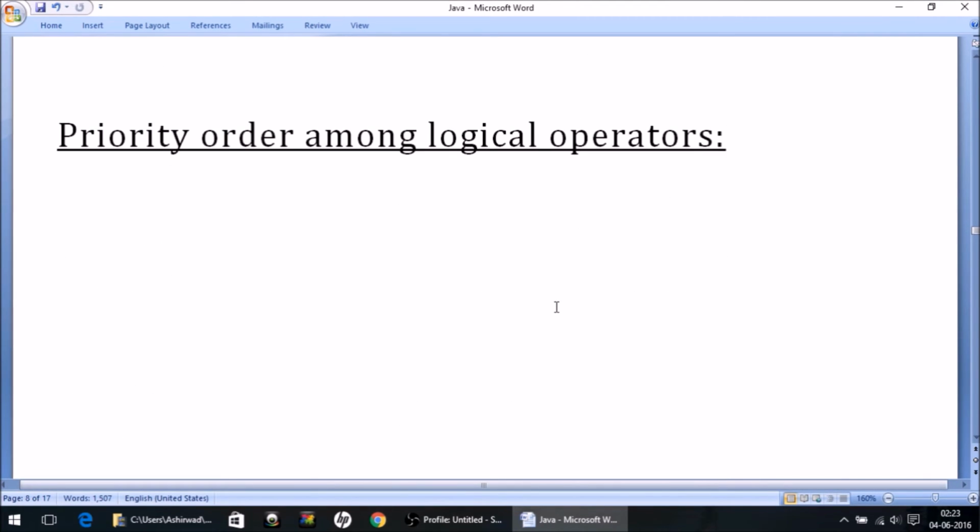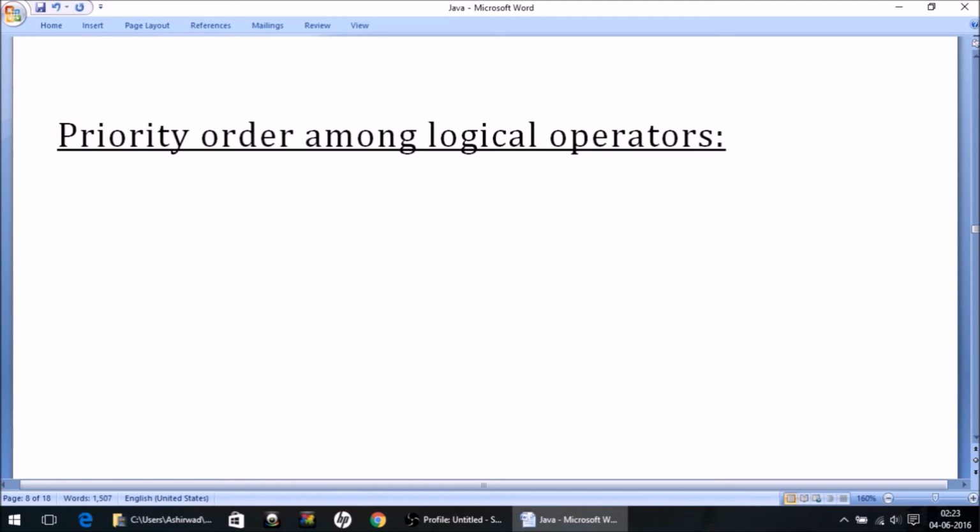There's one last interesting thing about the logical operators, that is the priority order. What if all the logical operators are combined in one statement? Let me write this example for you.